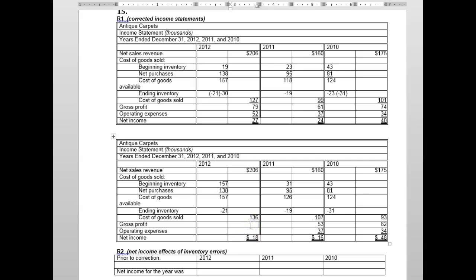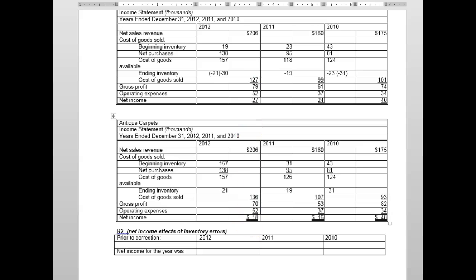And you have a gross profit of 70 with operating expenses of 52. Now what have you got? Well, looky there. You have a smaller net income in this situation, and that's been carried through all the way through. So that's how you would correct it. Now, what they asked was, what is the difference between these?